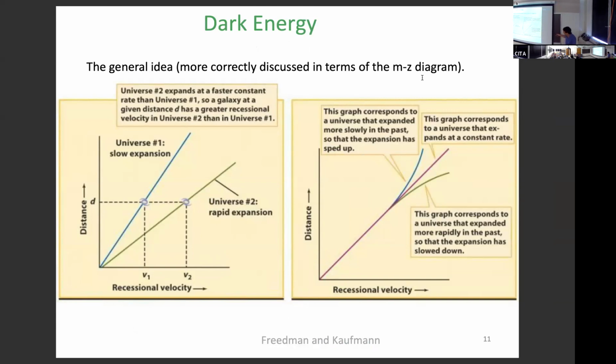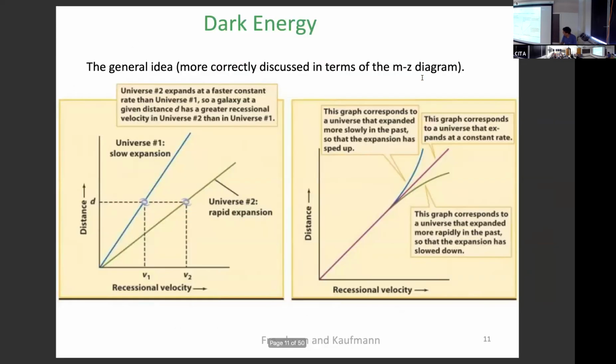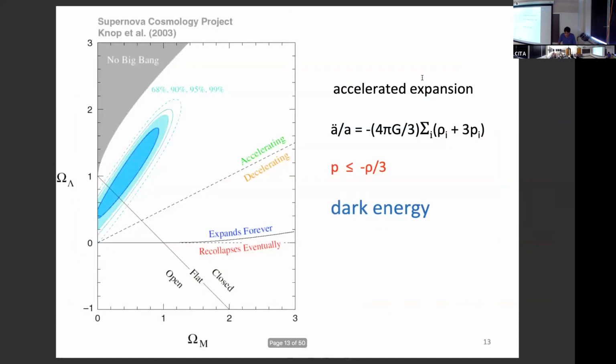And as you go back in time, there are three options: in the past it could have expanded more slowly and sped up to the present, or it could have expanded more rapidly and slowed down. And so you get accelerated expansion or decelerated expansion or constant expansion. And with the supernovae, they all ended up in the blue part of the diagram. So that gives us this expansion law. And so we know there's dark energy.